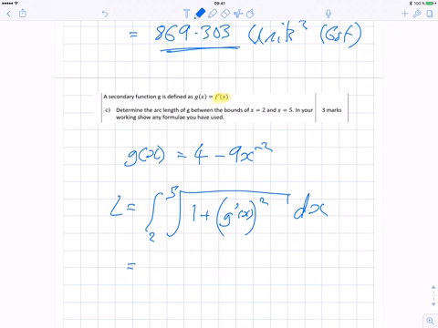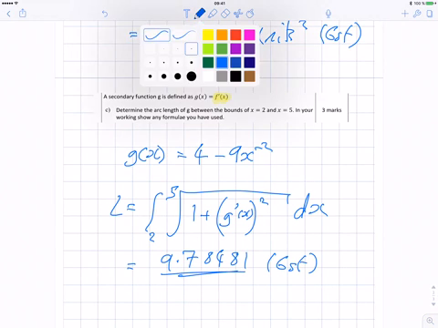And I'm just going to put all of that into the calculator, taking great care that I put this in exactly right, and I get an answer of 9.78481 to 6 significant figures, and there's my 3 marks.